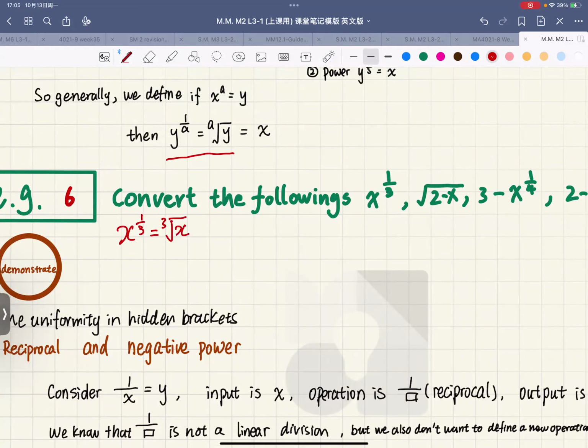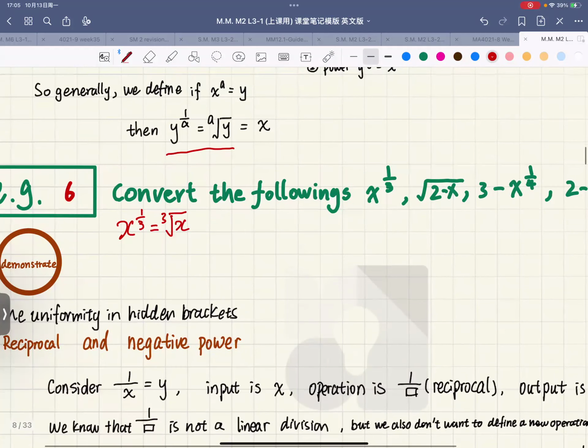Good. Okay, next one, the square root of 2 minus x. Convert to the power form, it is equal to, can anyone yell out the answer? Noah, you want to give it a try?